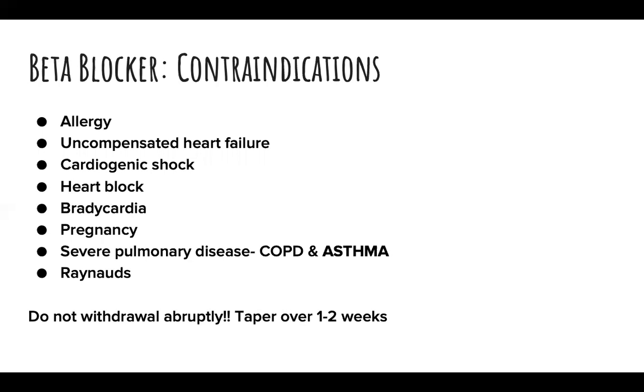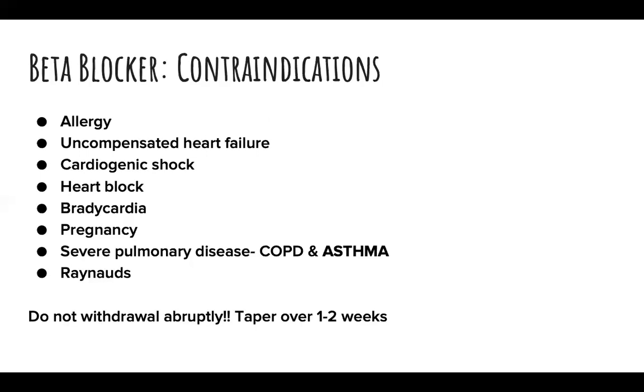Bradycardia, we would be concerned. That's a low heart rate. Because if somebody is having a low heart rate and we give a medication that has a negative chronotropic effect, we're going to decrease the heart rate even more.